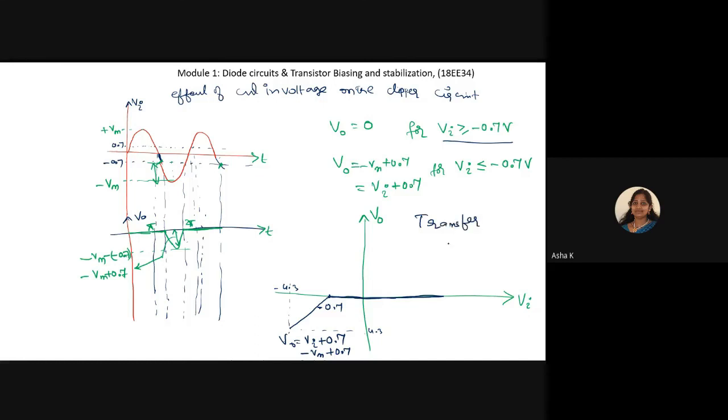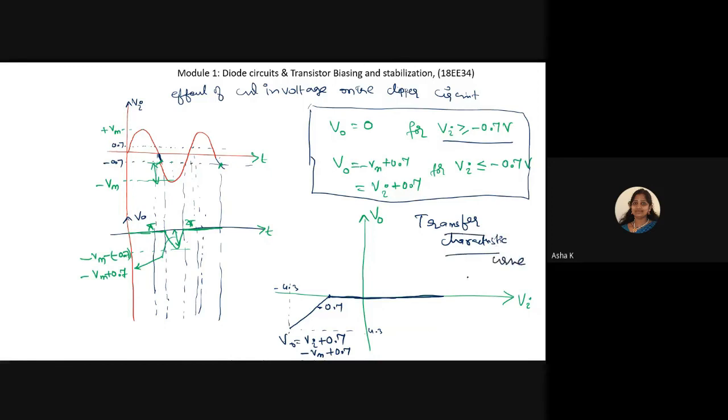Copy this, otherwise take a pic of this. So I'll write this in a box. This is an important equation, and the transfer characteristics curve is important.